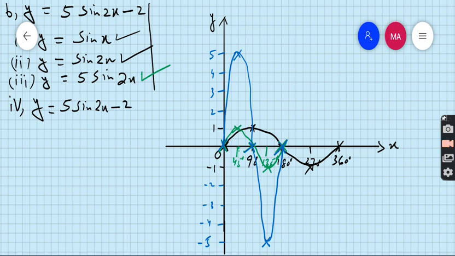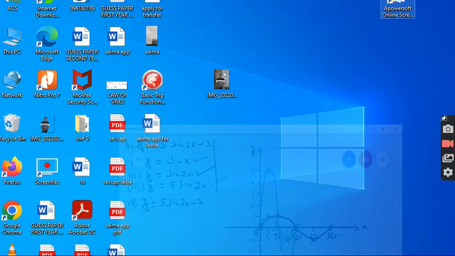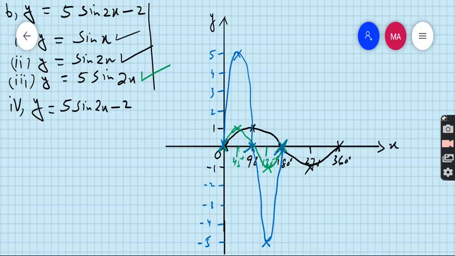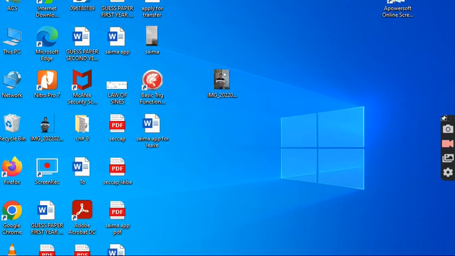This blue graph is the equation of y is equals to 5 sine 2x. Now I am drawing this on my graphing software. Y is equals to 5 sine 2x.